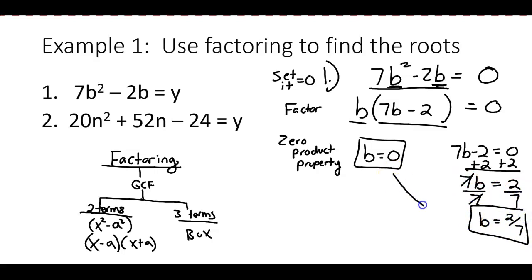Okay, so these are the roots. If you were to graph this quadratic equation, that's where it would be touching the x-axis. It would be touching the x-axis at 0, and it would be touching the x-axis at 2/7. 0 and 2/7.